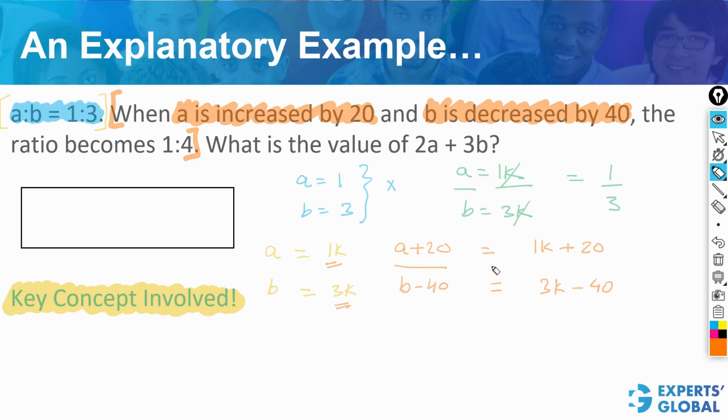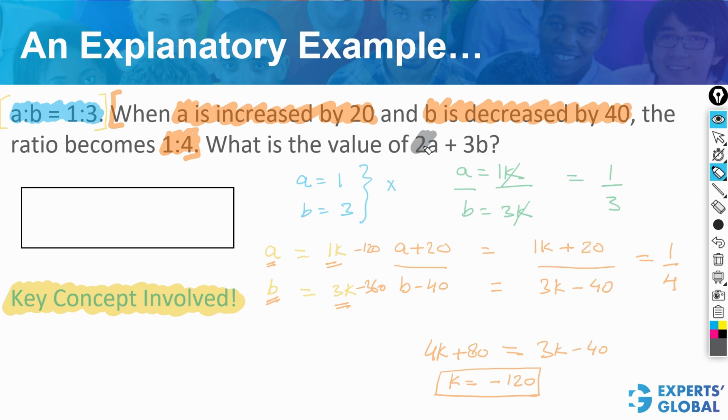So it's given that this ratio becomes 1 to 4. Therefore, this is equal to 1 by 4. Now let us simplify to get the value of k. We cross multiply and we get 4k plus 80 equals 3k minus 40. We get the value of k as negative 120. That means the value of A is minus 120 and the value of B is minus 360.